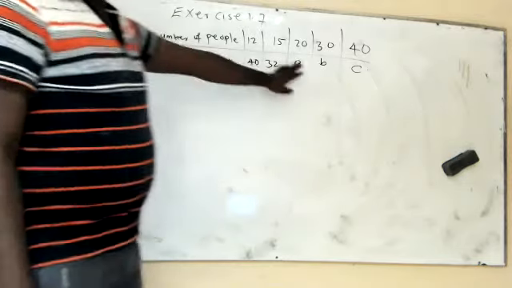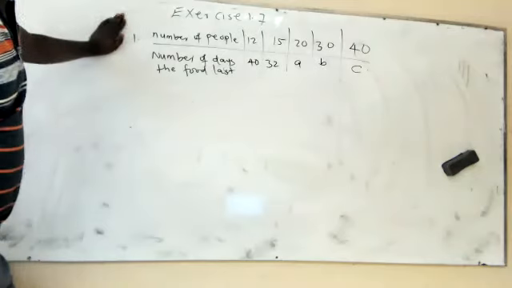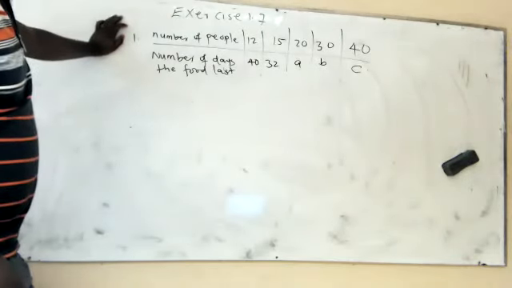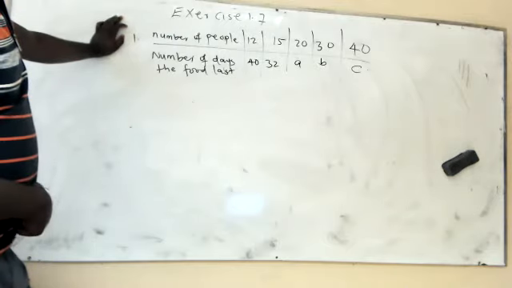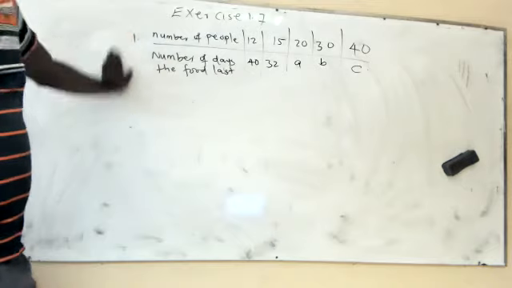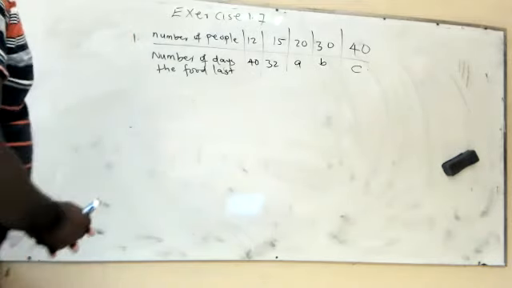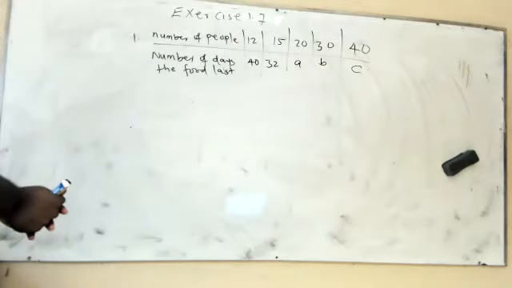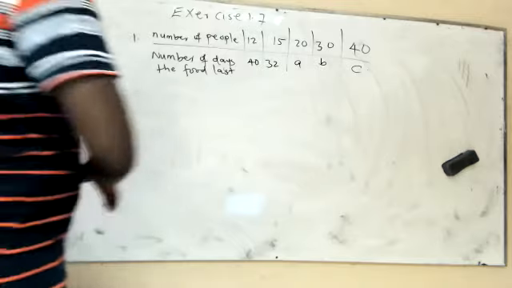Before we get the values of A, B, and C, can you tell me, on this table, do we have a direct proportion or inverse proportion? Inverse. Okay, we have inverse proportion. Let's check if indeed we have inverse proportion here.